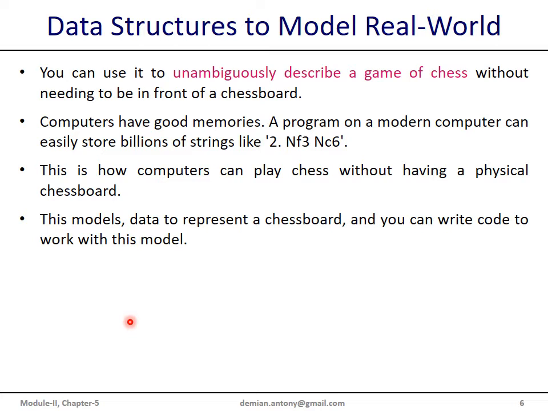And we know the computer has a good memory system, and we can easily store a large number of such strings of algebraic chess notations of chess piece movements. This is how computers can play chess without having any physical chessboard.